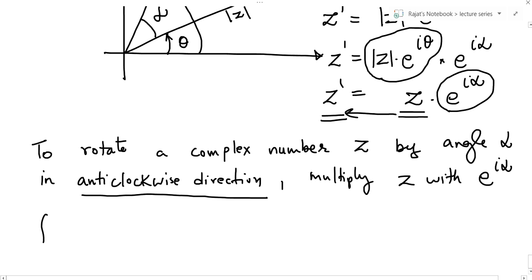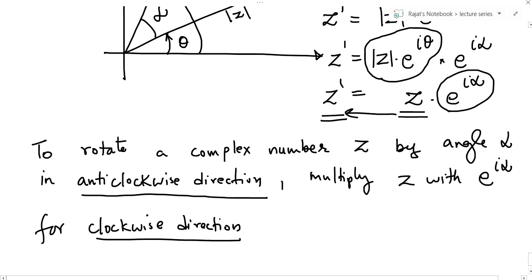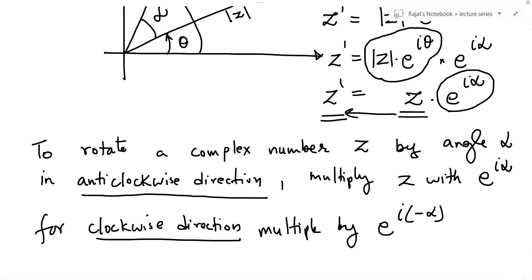Similarly, for clockwise direction, multiply by e to the power i minus alpha. If you want to rotate it in anti-clockwise direction, you multiply by alpha, and if you want to rotate it in clockwise direction, you multiply by minus alpha.